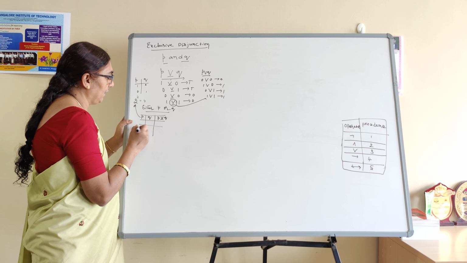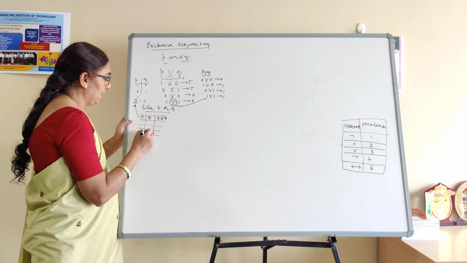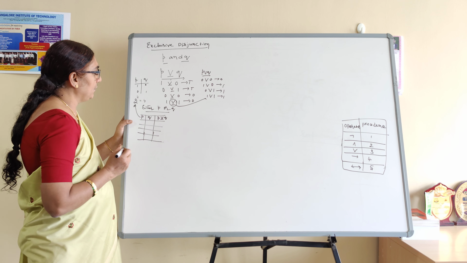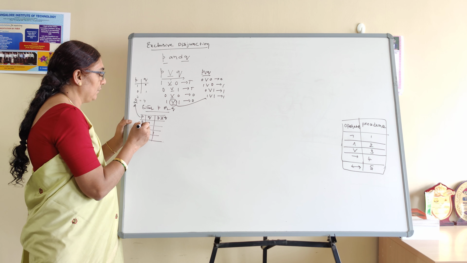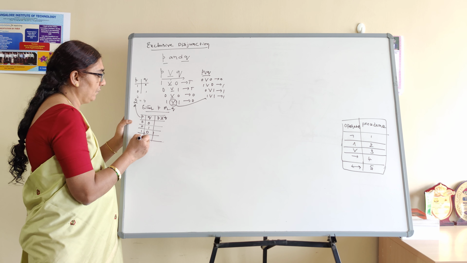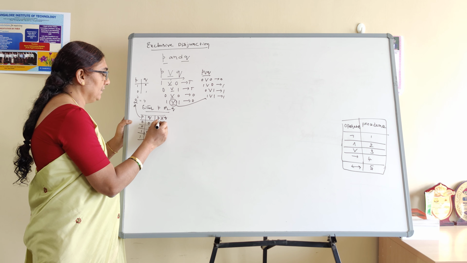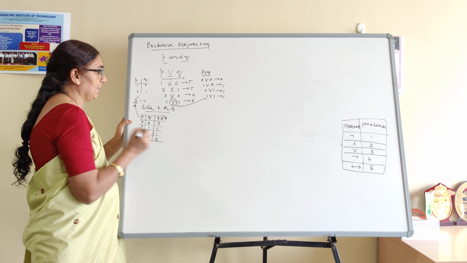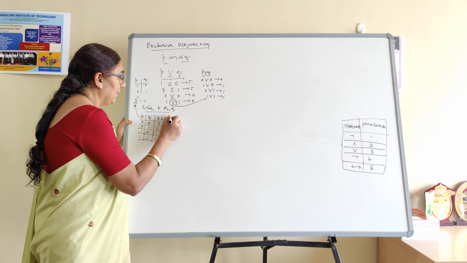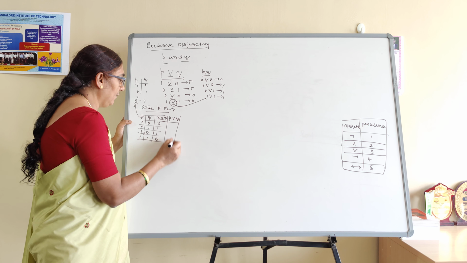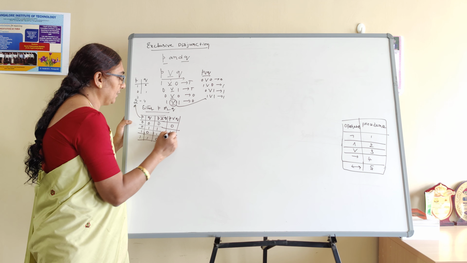Therefore, if you want to write a truth table for exclusive disjunction, how many rows do we expect? Four rows: 0 0, 0 1, 1 0, 1 1. And then the result is 0, 1, 1, 0. This is the way to write it for exclusive disjunction. If you want to write the disjunction only, then we get 0 and the rest is 1.